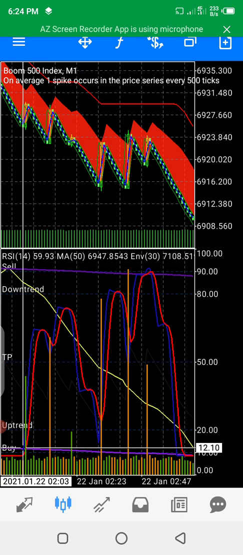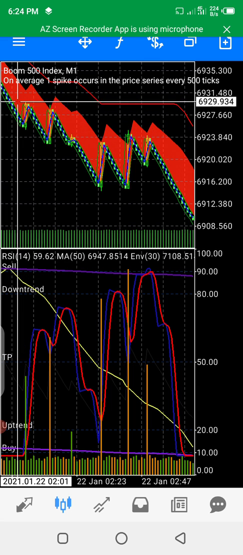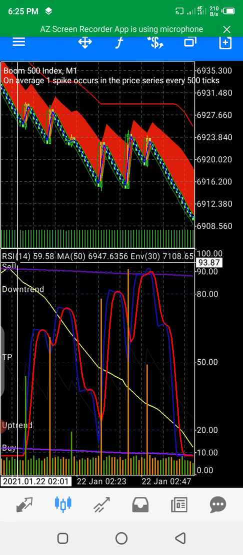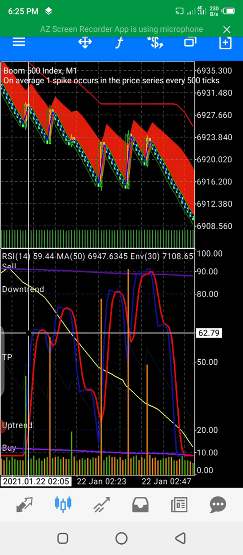These guys, the way they work, this strategy works like this. It touched here, it was coming down. Look at these guys, the red and the blue.